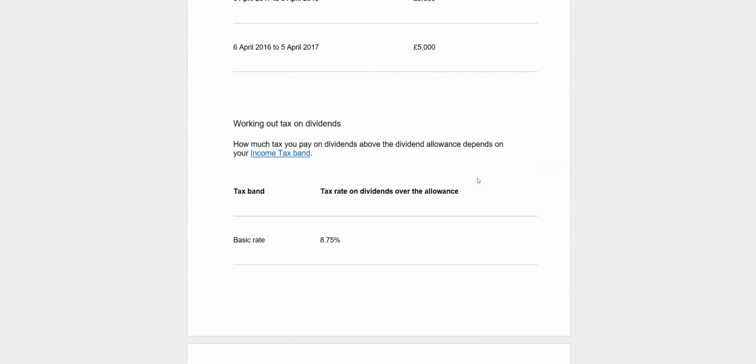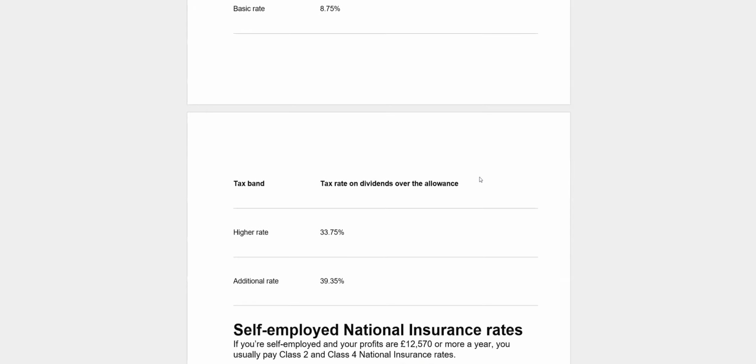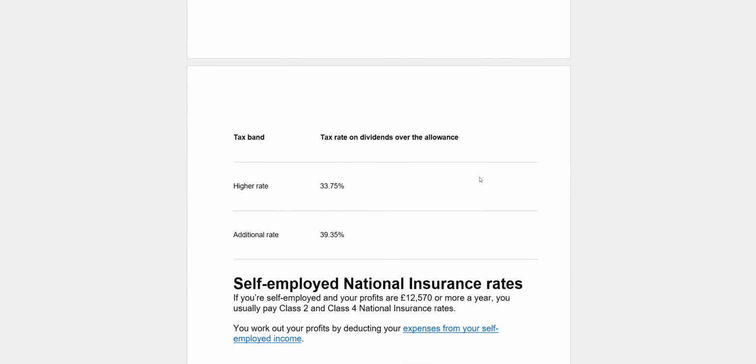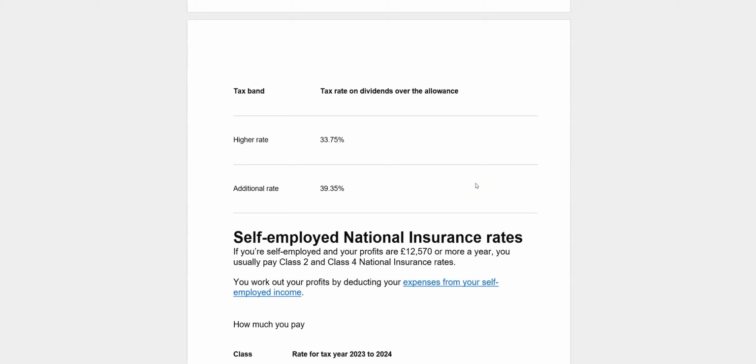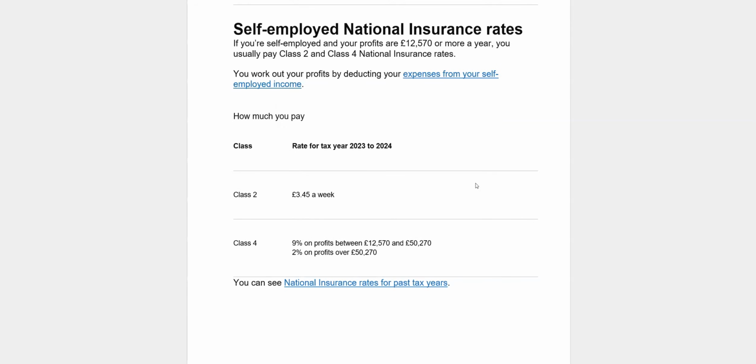The rest of the dividend, if you are a basic rate taxpayer, will be taxed at 8.75%. If you are a higher rate taxpayer, it is 33.75%. And if you are an additional rate taxpayer, it is 39.35%.